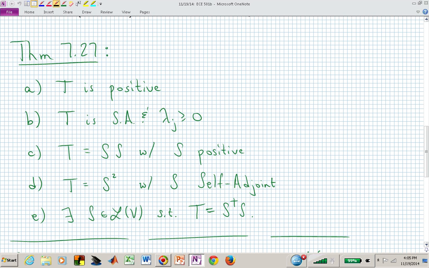That's equivalent to T is self-adjoint and has non-negative eigenvalues, which is equivalent to T having a square root that is positive, which is equivalent to T having a square root that's self-adjoint, which is equivalent to saying there exists a linear map S such that T can be factored into S adjoint S. Those are all equivalent statements. If you have one, then you have any of the others.